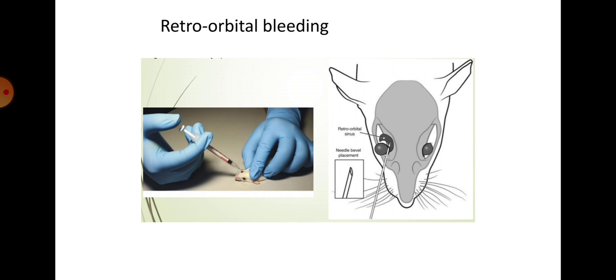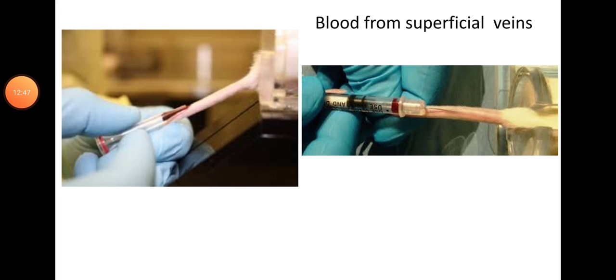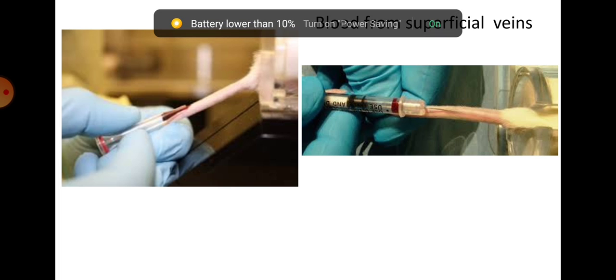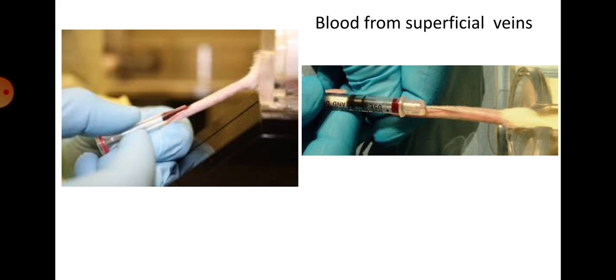So coming back to collecting blood from vein, here the lateral tail vein is used to collect blood. Blood can be collected from either side of the tail. Here the tail vein is difficult to find. That is why the mouse is often placed under a heat lamp to promote peripheral vasodilation.